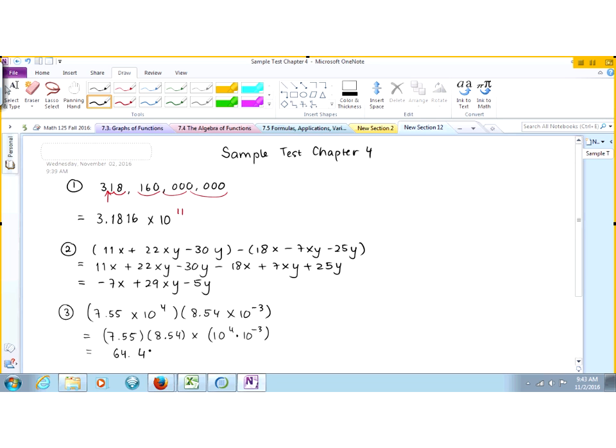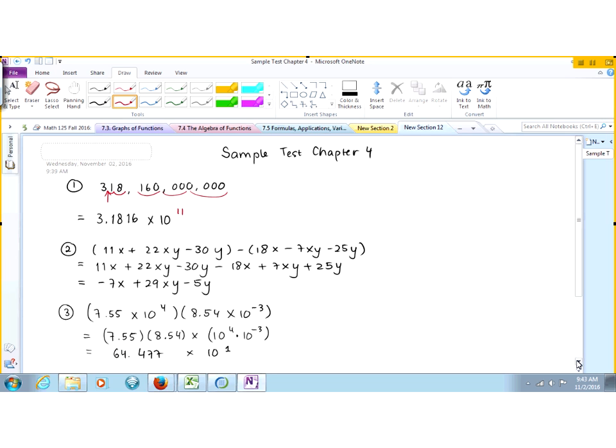All right, so 64.477. Now, what about the powers of 10? 10 to the first power. Is this in scientific notation? How do you know this is not?